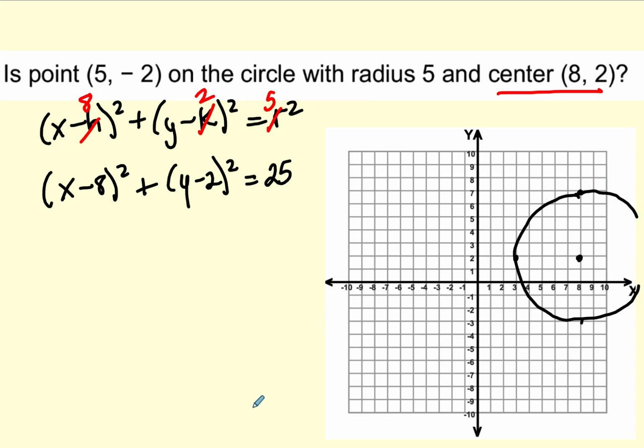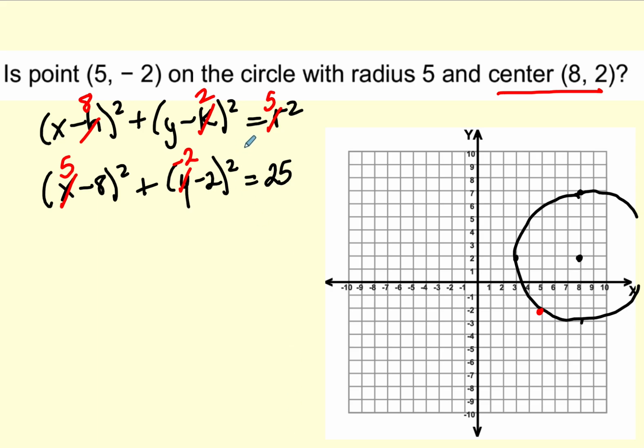And the question is, are we going to get -5 or 5, -2? So 5, -2. So we're wondering if that point is on it. And the way to tell is to actually put the number 5 in for x and the number -2 in for y.